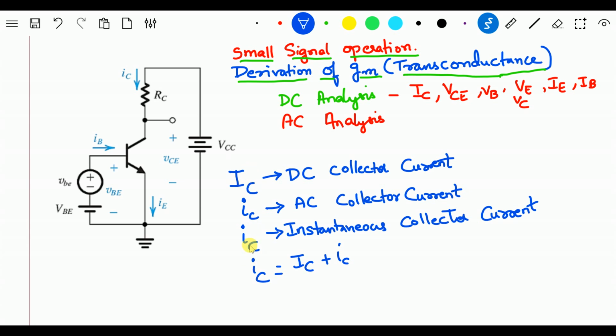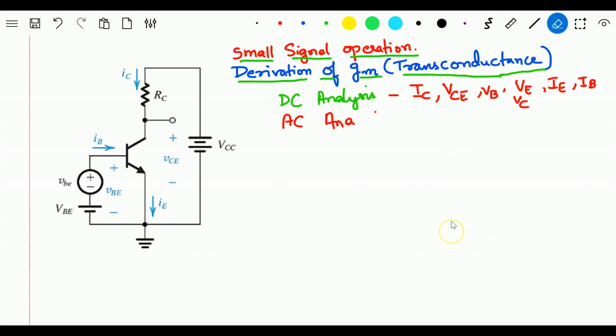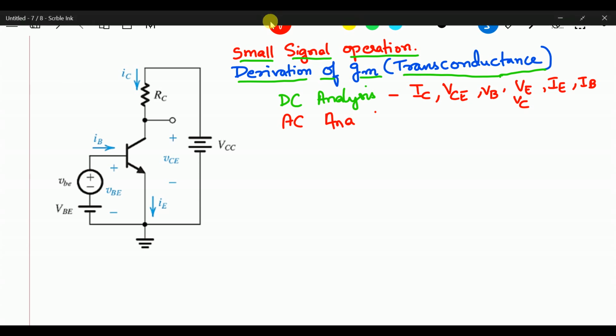Capital I, capital E is the emitter current, which is DC. Small i and small e is the emitter current which is AC. Small i with capital E is the instantaneous emitter current, and the summation of DC plus AC is the instantaneous. Keep that in mind. I'll just erase this now. You will be remembering what I told you just now.